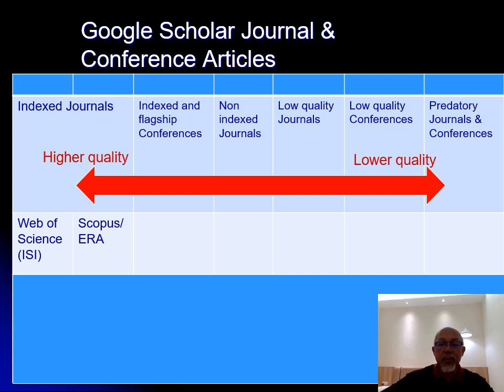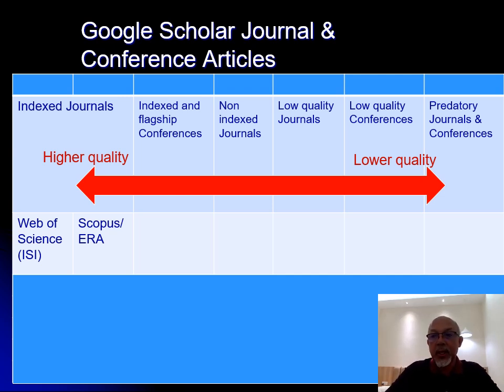Then we also have a look at this spectrum of qualities of papers, as we are using papers for our research. This differentiation can be seen from two aspects.